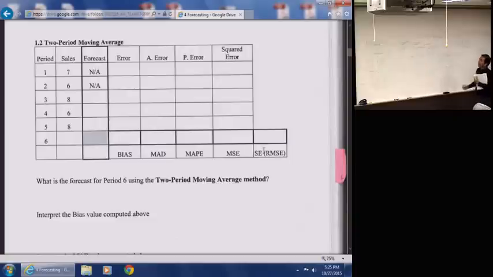To compute bias, MAD, MAPE, MSE, and SE: for bias, you take the average of all the errors.